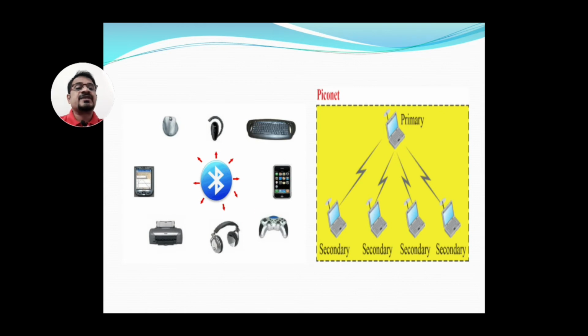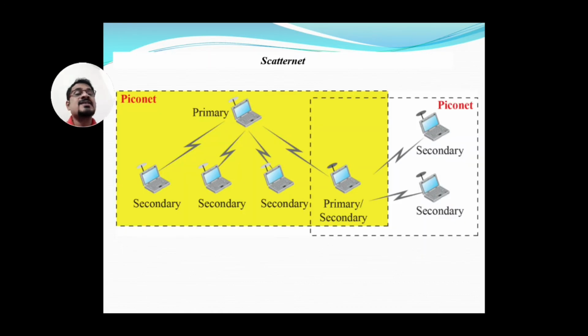For example, in the left hand side diagram, you can see one Bluetooth device which can connect your earphone, mouse, tablet, printer, headphone, game, mobile, and keyboard. You can connect as many devices as you can. This is what a primary is. It becomes very interesting when we go to the Scatternet.